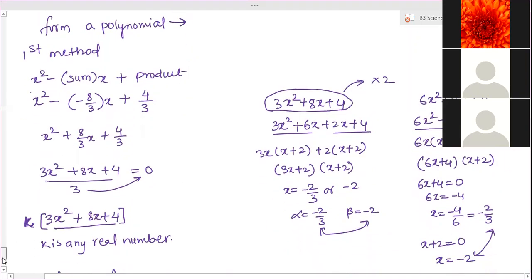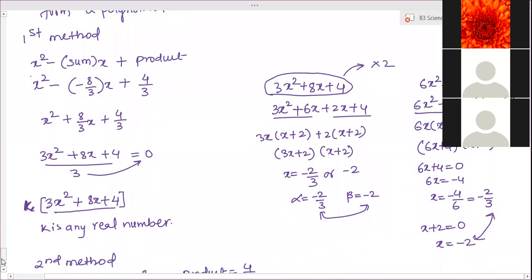Both the methods you write down and then solve, whichever method is easier for you.